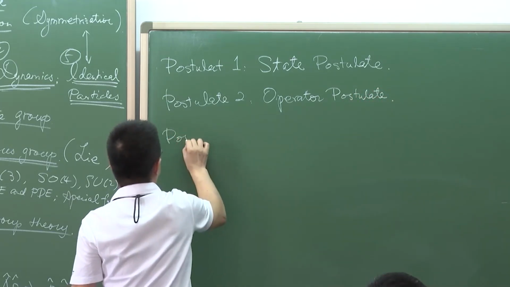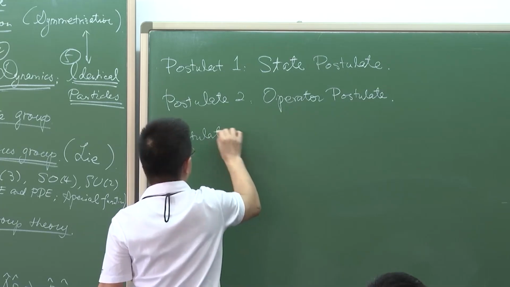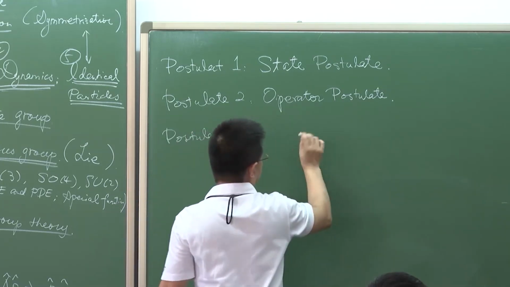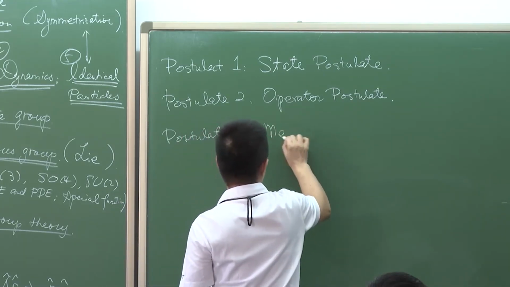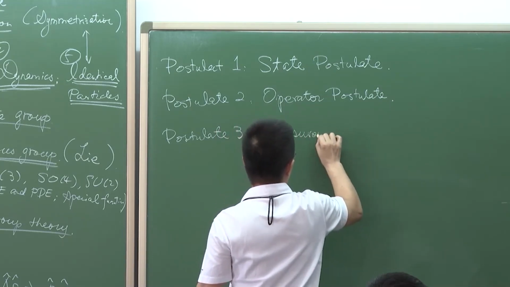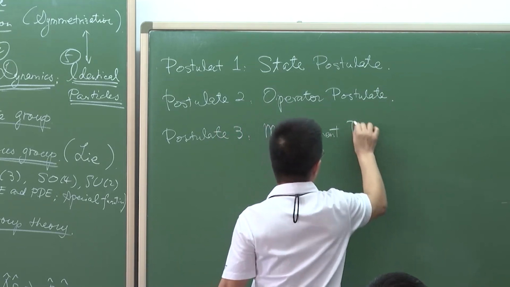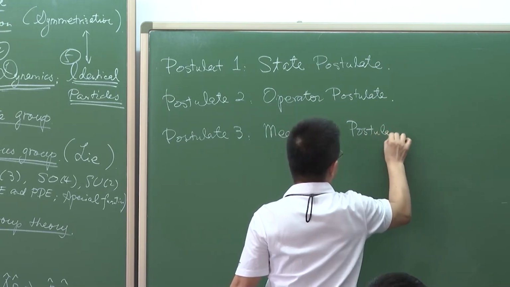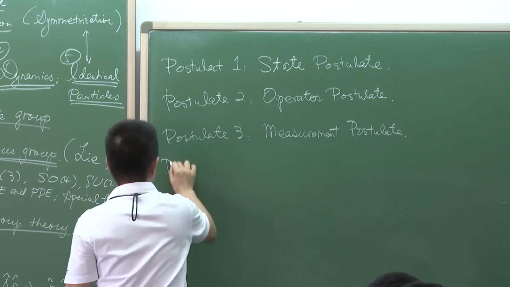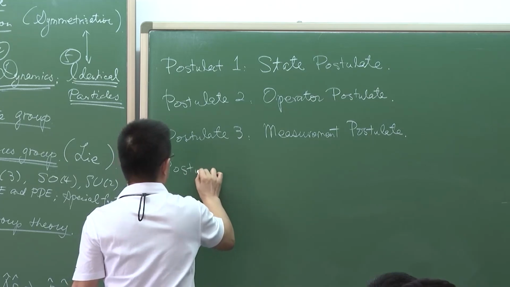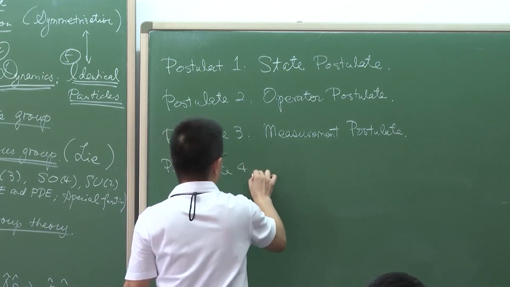And postulate 3 is called the measurement postulate. And postulate 4 is called the dynamics.